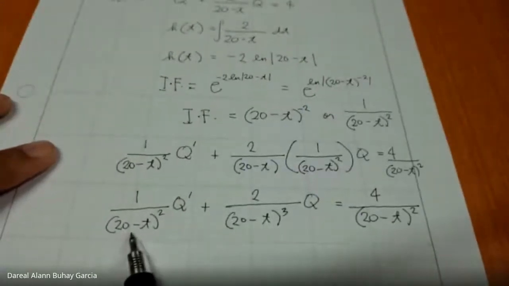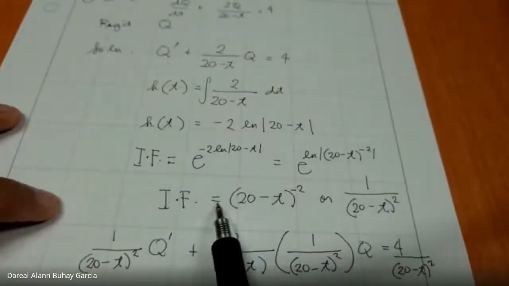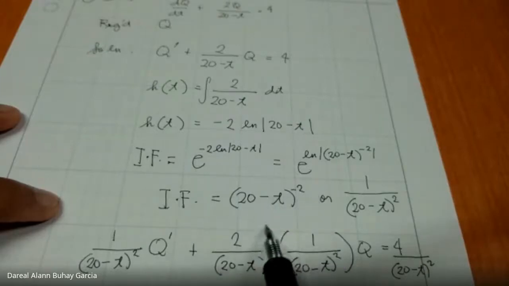So the first derivative of this: this is negative 2, so minus 1, this is negative 3.